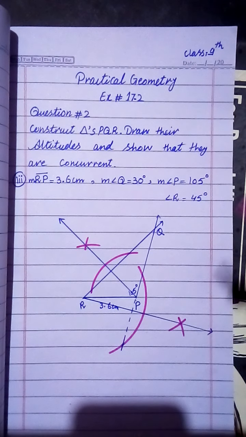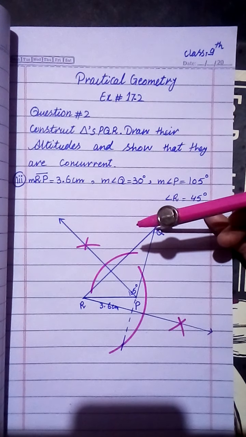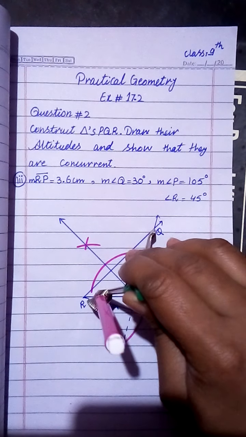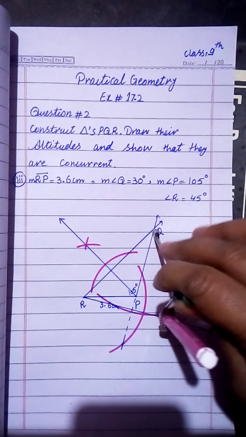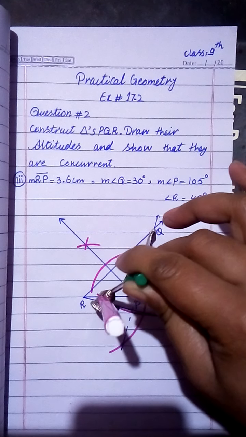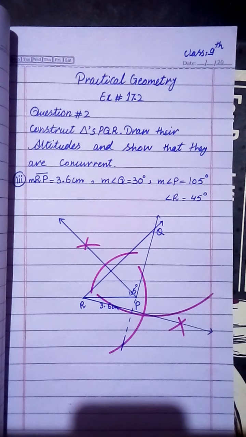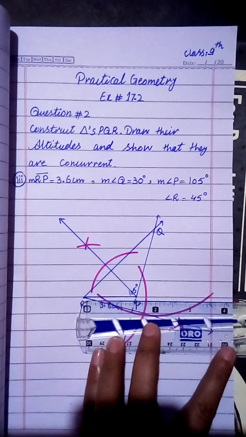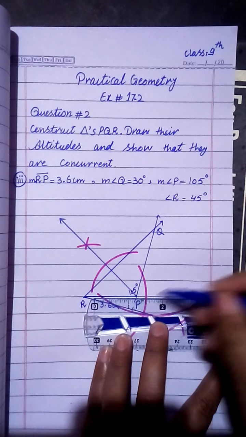Now RP, its opposite vertex is Q. Now you have to open compass with suitable radius like this. Now check that you get here first point of intersection, second is not available. So what you have to do here, you will extend this RP line and dot it like this.